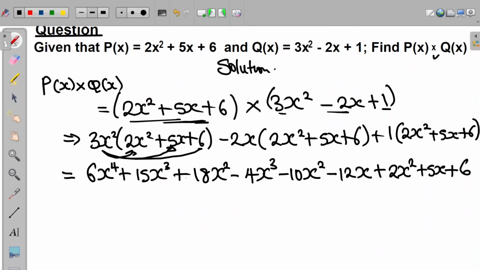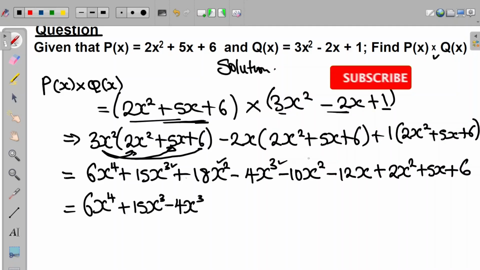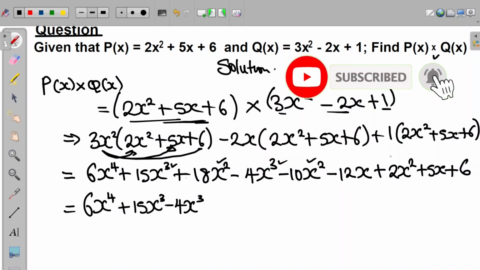So now looking at the equation, we can add or subtract like terms. So this becomes 6x raised to the power of 4. Now we have x raised to the power of 3 here, and also here. So this becomes plus 15x cubed minus 4x cubed. Also, we have x squared here, and here also, and at this point also.